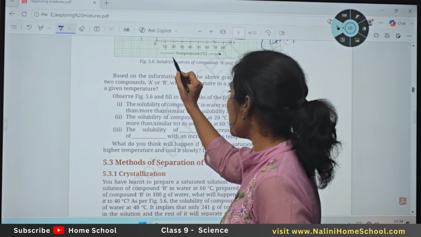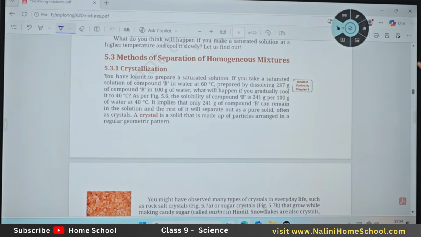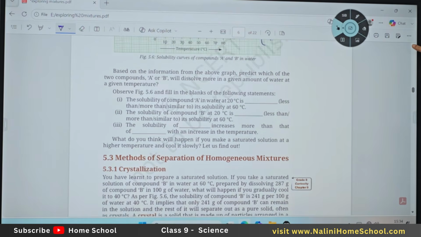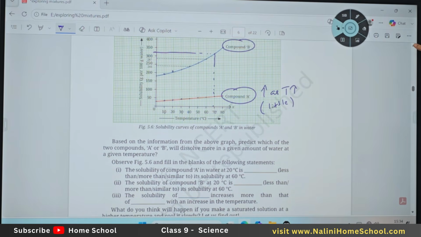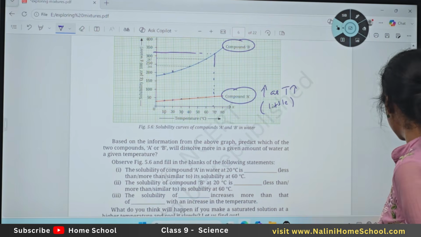So the first question, it is based on the graph only. So let me just go down. I want you to see the graph also. Okay, so now let me solve the questions here.